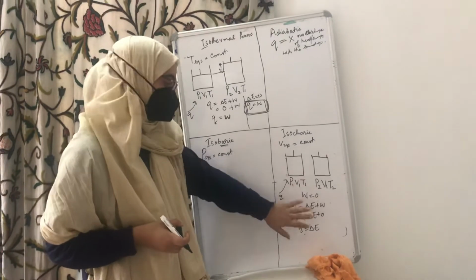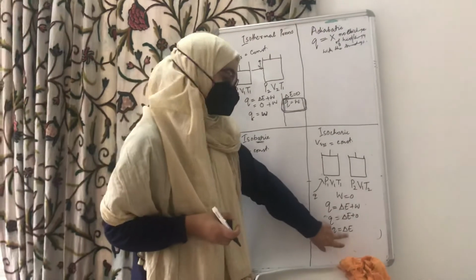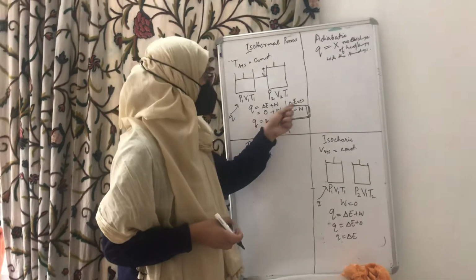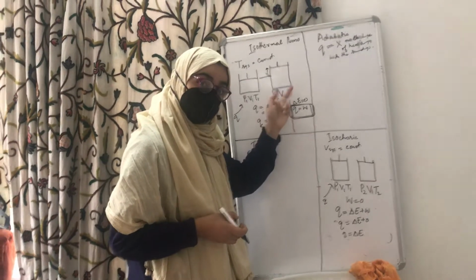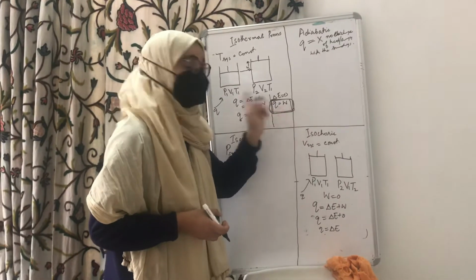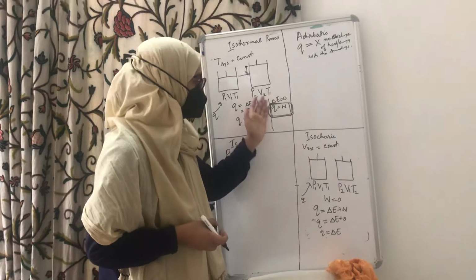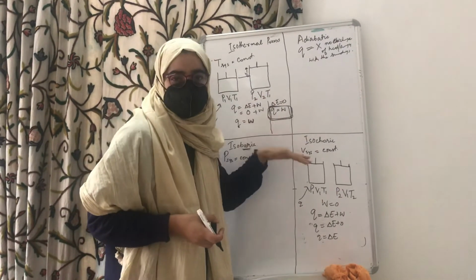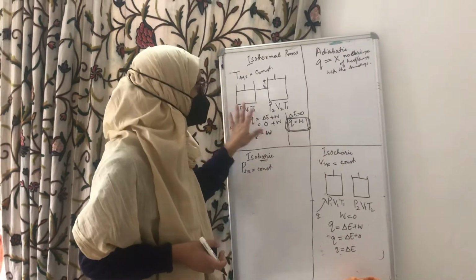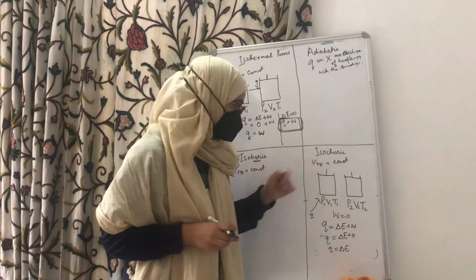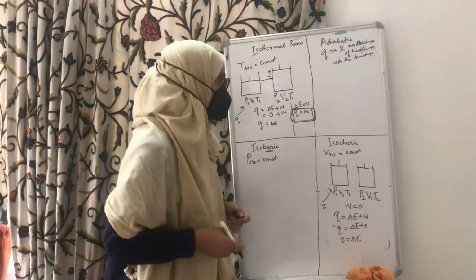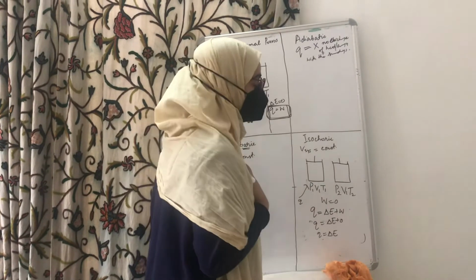You have to remember this. Work done here is 0 and Q is equal to delta E. And in the isothermal case, delta E is 0 because temperature is constant. Therefore, Q is equal to the work done. So you can say these are kind of opposite to each other. Isothermal and isochoric. That's why I took this first. Now coming to the adiabatic process.